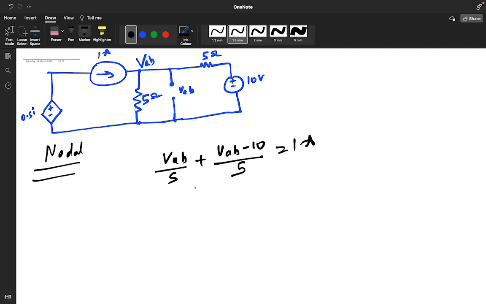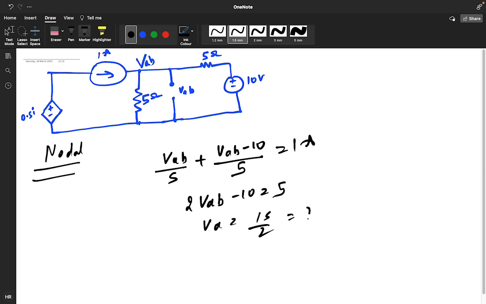So the result you will get: 2 VAB minus 10 equals 5, so VAB equals 15 by 2, that is 7.5 volt. This is one way to calculate, meaning you got the value of VAB.